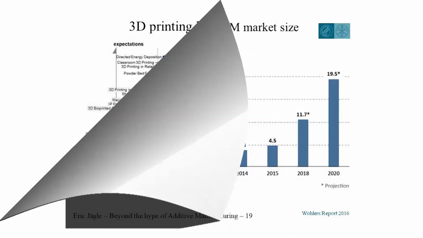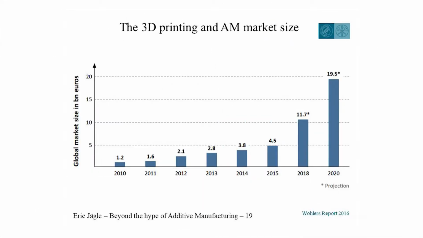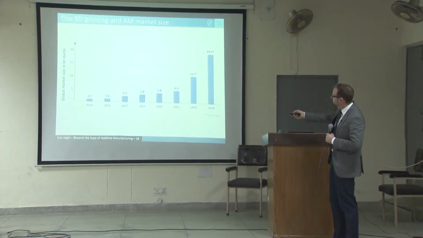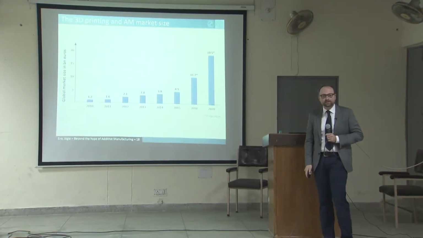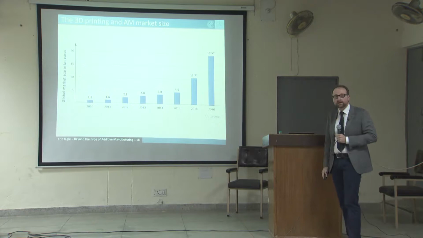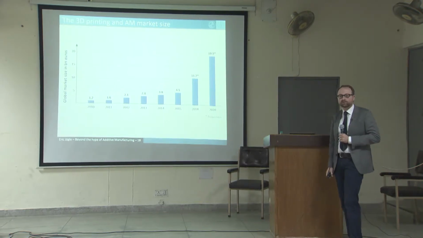All right. Now, the market size that is current and that is projected is quite interesting. So it is growing, of course, pretty rapidly, but then when you realize that this figure and this figure here for 2018 and 20 are of course projections, and if you actually look at this slope here, even assuming it's an exponential, people are still waiting for the breakthrough of this market size, yeah?